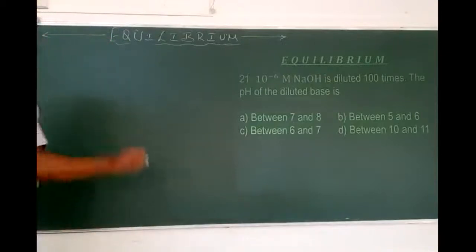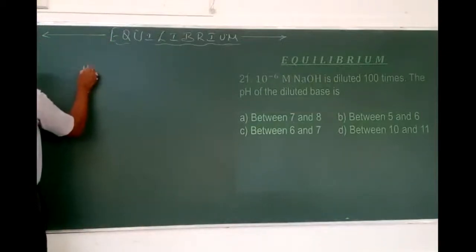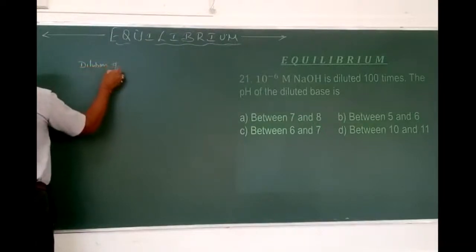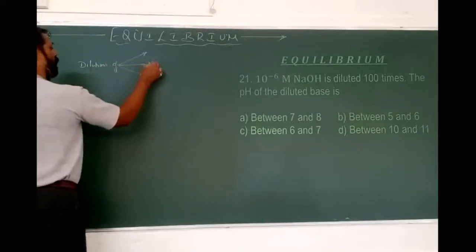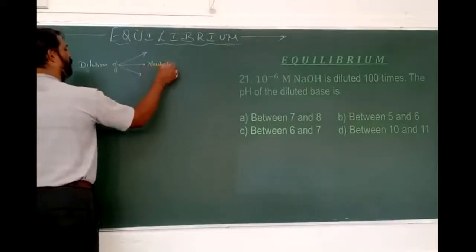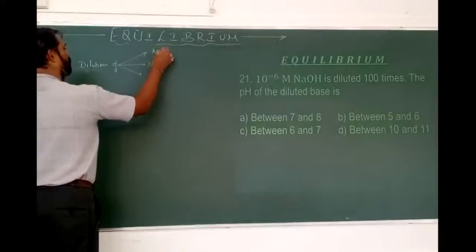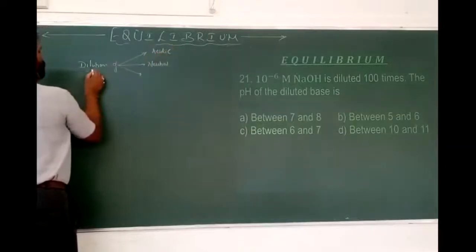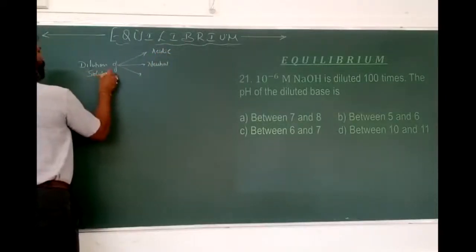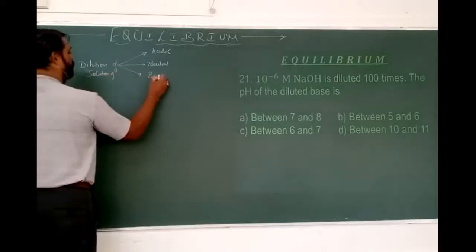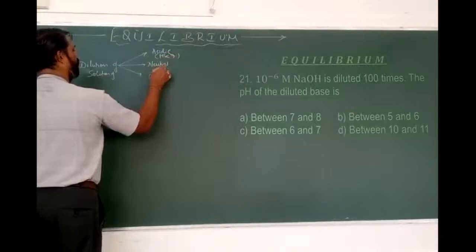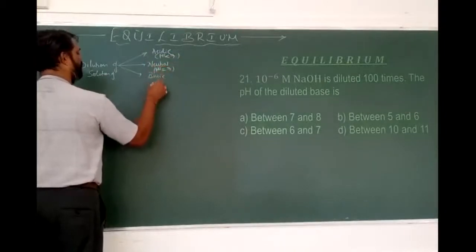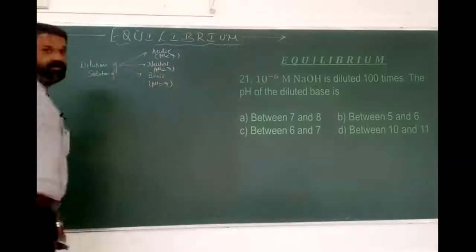First you have to be very familiar with the dilution of a neutral solution, an acidic solution, and a basic solution. Their pH values are: pH less than 7, pH equal to 7, and pH greater than 7.